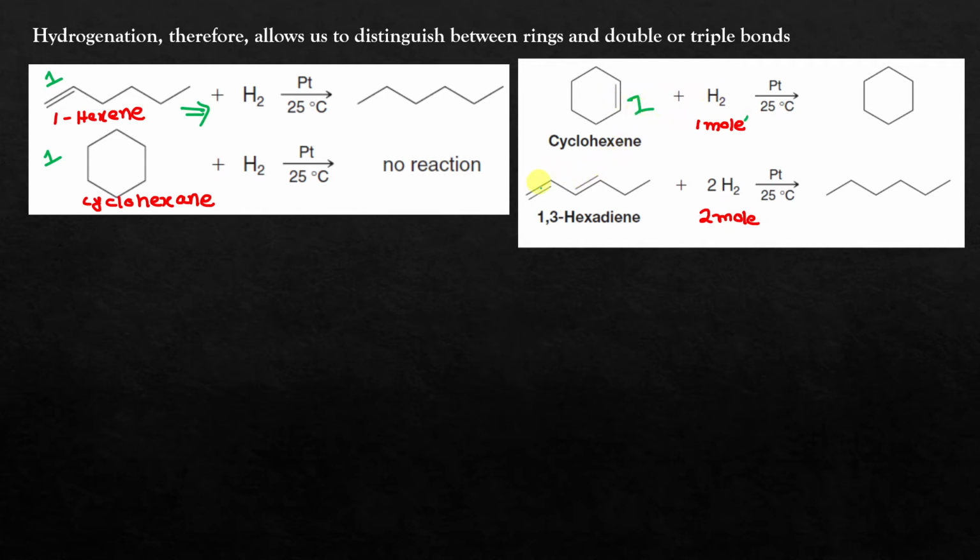On the other hand, this compound will consume a total of 2 moles of hydrogen as it contains 2 double bonds. So you can see that both these compounds have the same formula and the same molecular weight, but we can still distinguish between them simply by using this hydrogenation reaction.